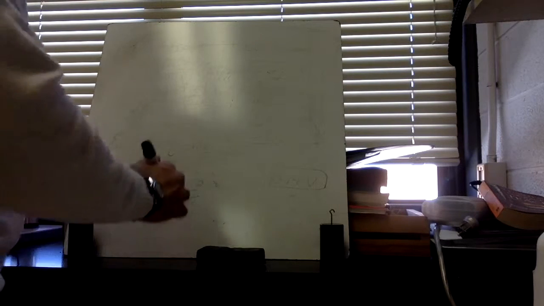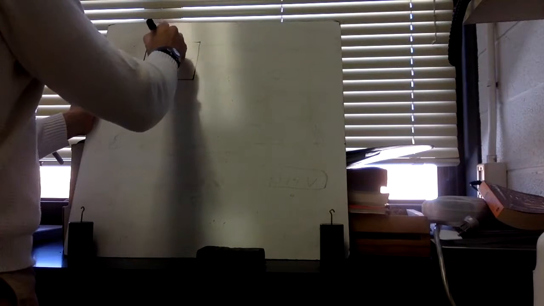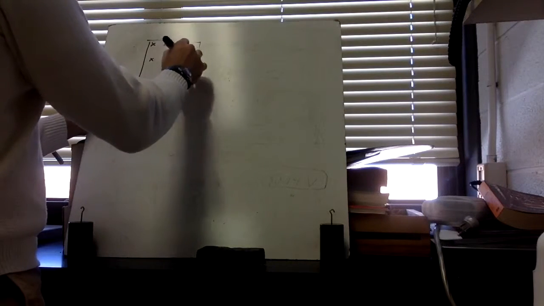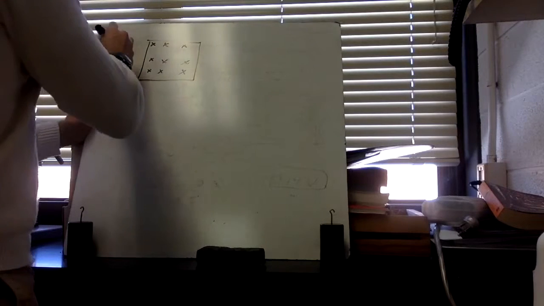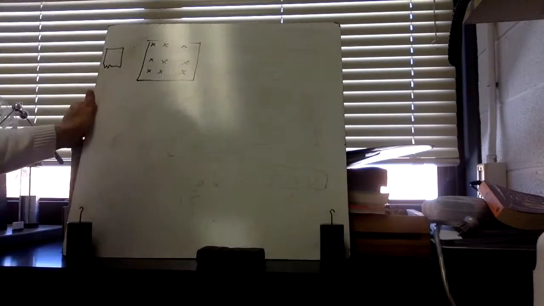Identify which point is at a higher potential, C or D. And so here's the idea. You've got this area where there's the field, and you've got this loop that's being pulled through here.